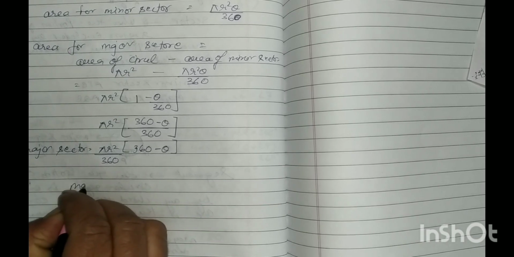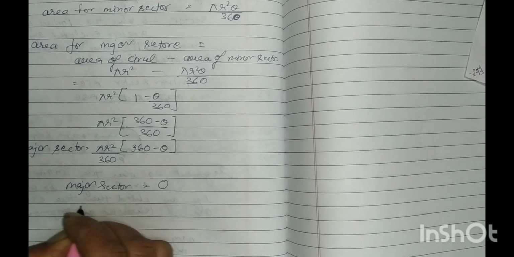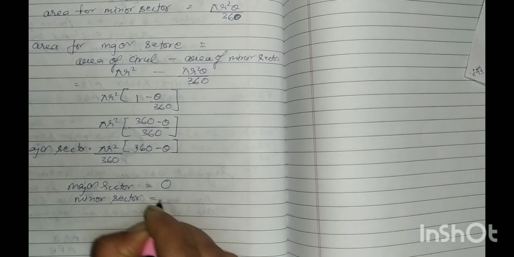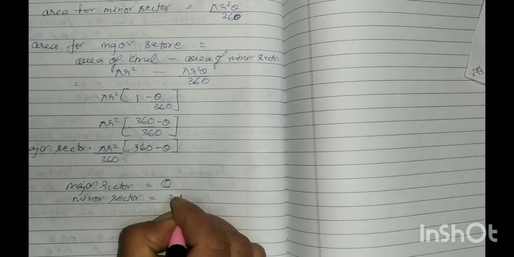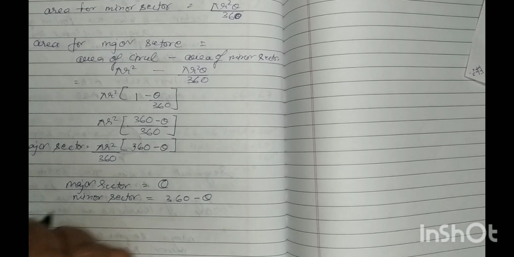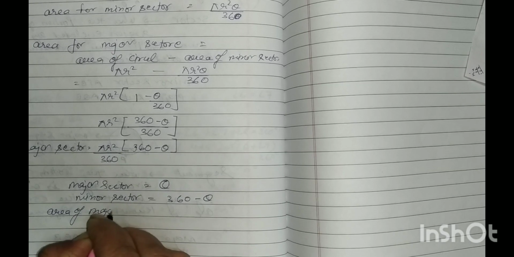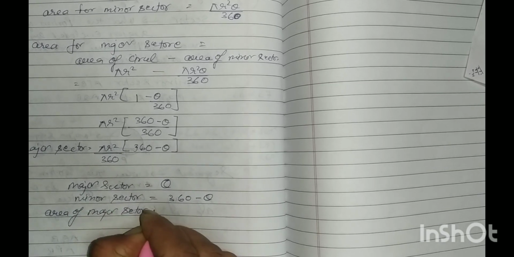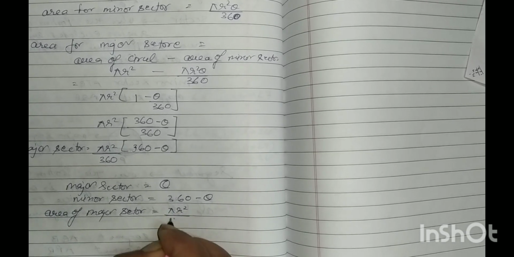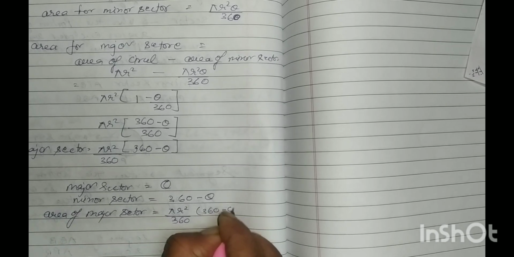So major sector equals 360 minus theta, minor sector equals theta, and area of major sector equals pi r square upon 360 into 360 minus theta.